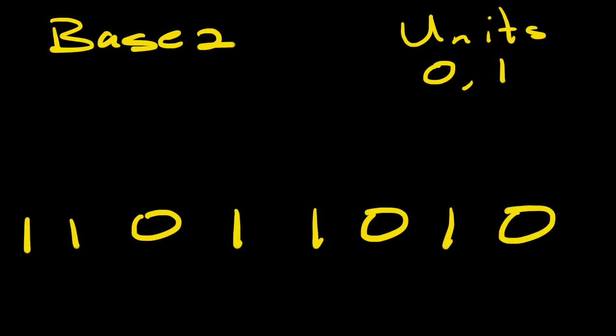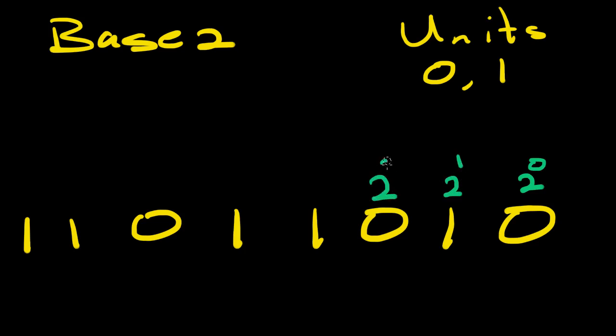First thing we have to do here is work out the column values. What is the value of this column? Well, this is 2 to the power of 0. What is the value of this column? Well, this is 2 to the power of 1.